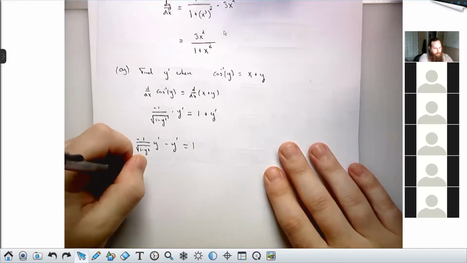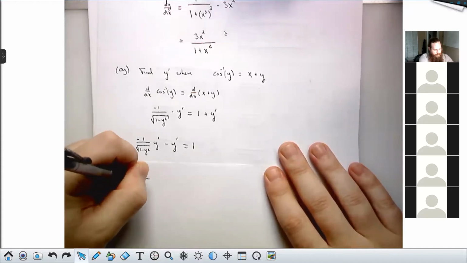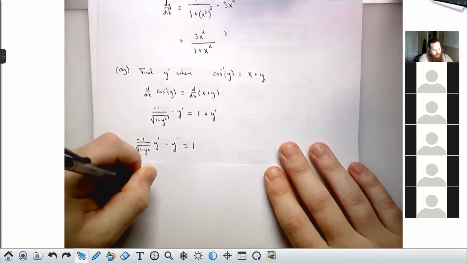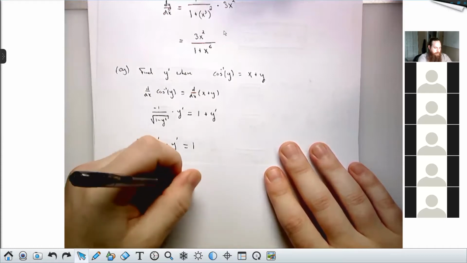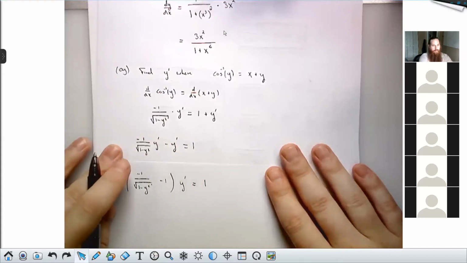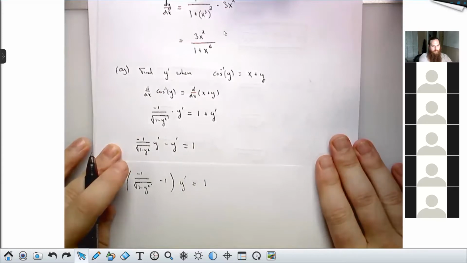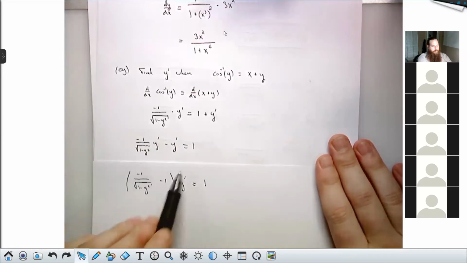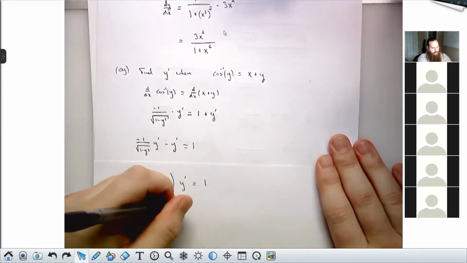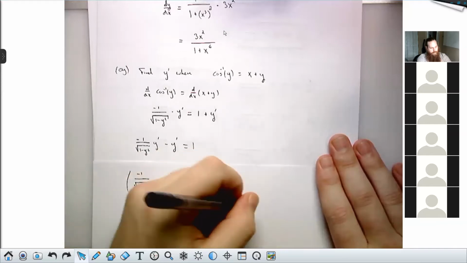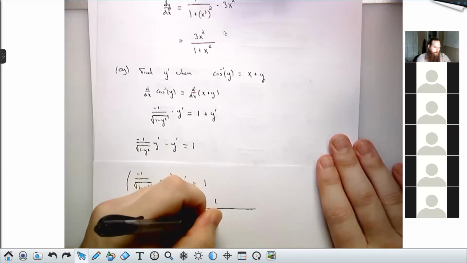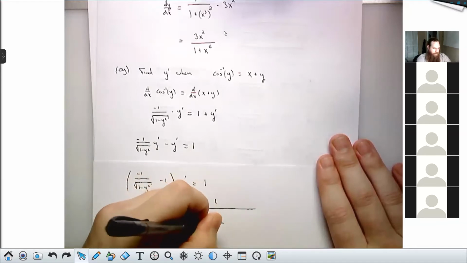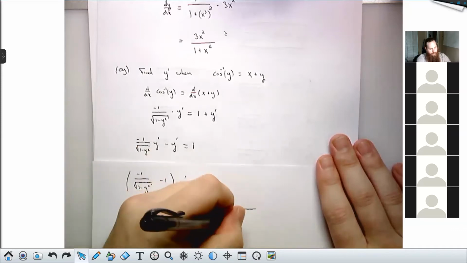And then I factor my y prime out, and I'll get (-1 over the square root of 1 minus y squared, minus 1) times y prime equals 1. And then finally, I divide over by this whole chunk to get y prime equals 1 over (-1 over the square root of 1 minus y squared, minus 1).